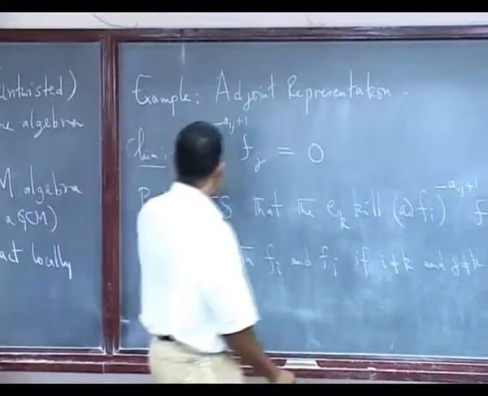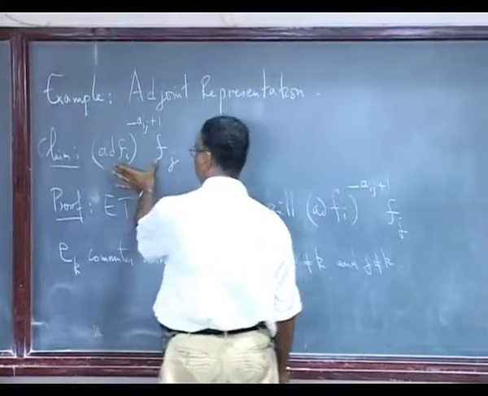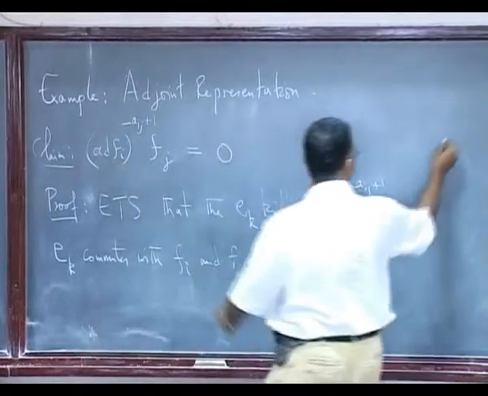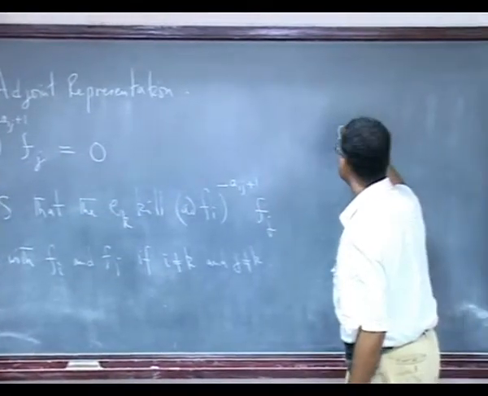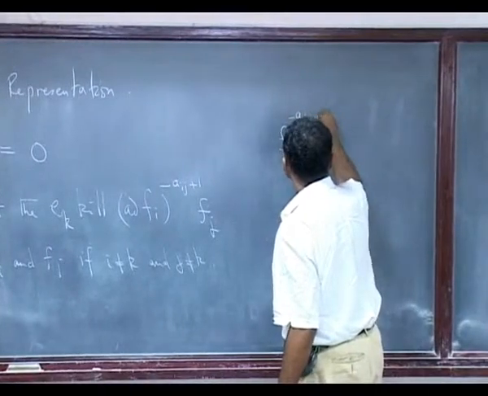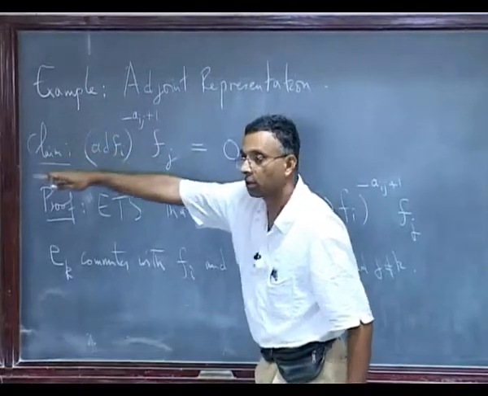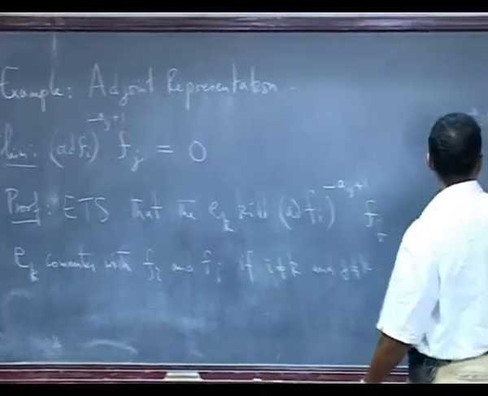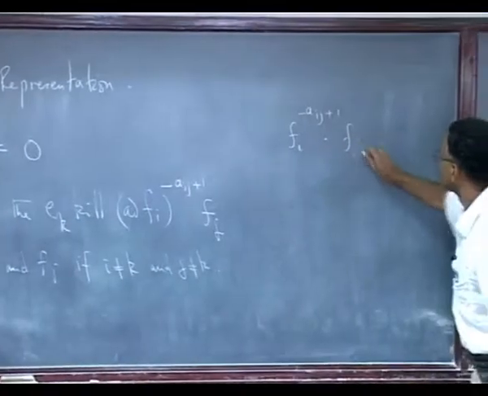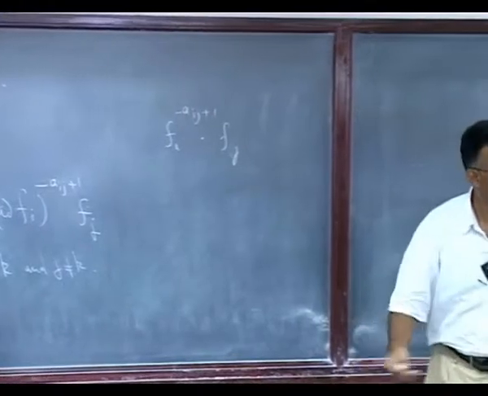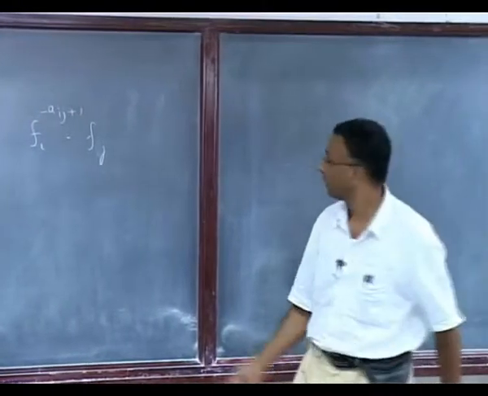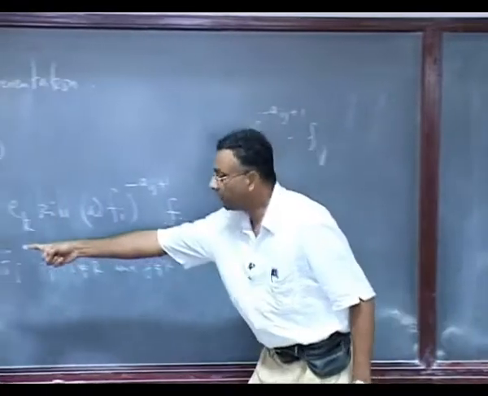Okay, so Katz writes it this way, so I am writing it this way. But you can actually just write this. If you think of this as an element of the module, you can just write this where the action is ad, right? So what does it mean Ek commutes?